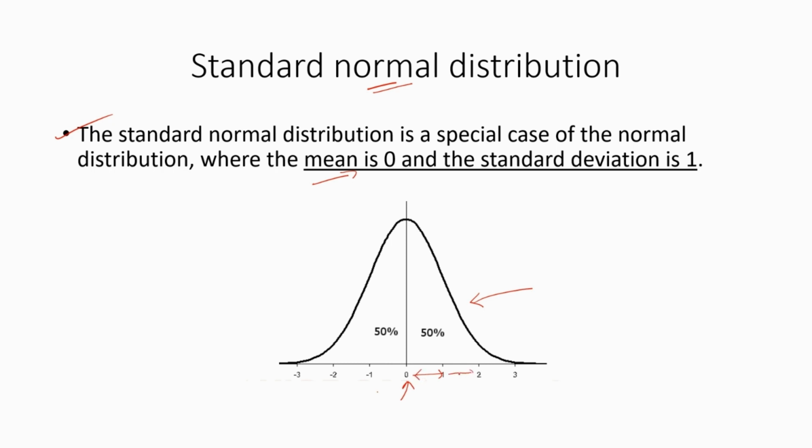Likewise, this is also equal to 1 because standard deviations are equal to each other. So this is 1, this is also 1, this is also 1. And on this side, this is also 1, this is also 1, this is also 1. These are the standard deviations. Simply, these are the volatility of the data around the mean value.